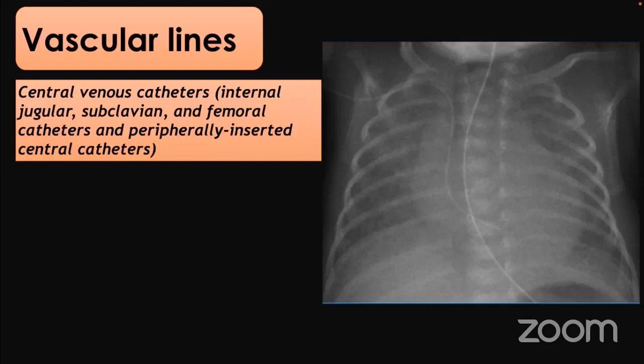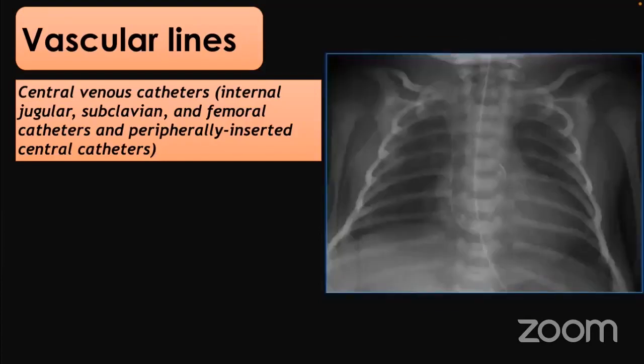So the line should not be below thoracic vertebra 4. And in this image as well, we have a malpositioned peripherally inserted central catheter. The catheter is passing through the patent foramen ovale to the left atrium. Here, this image.